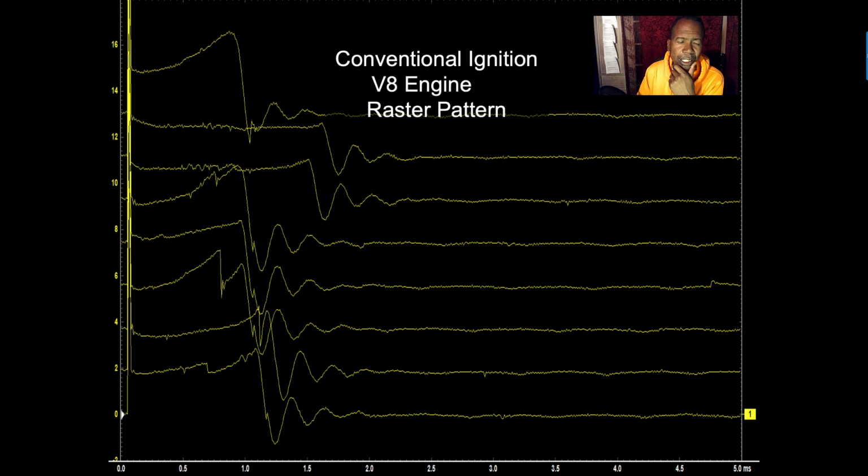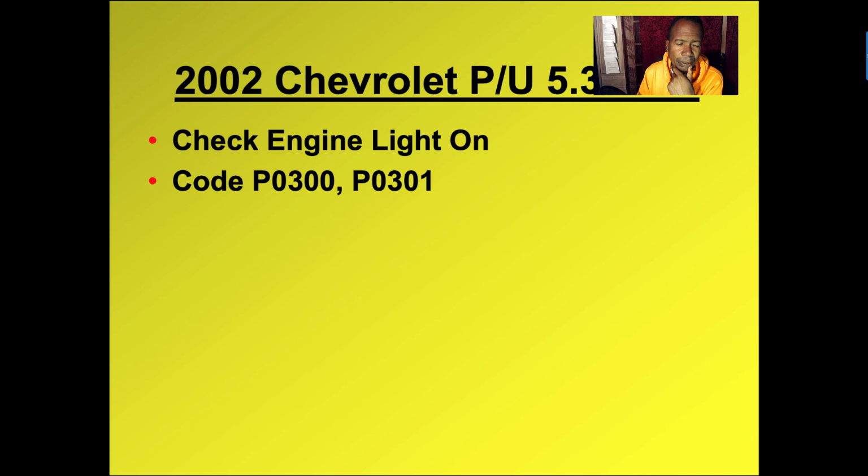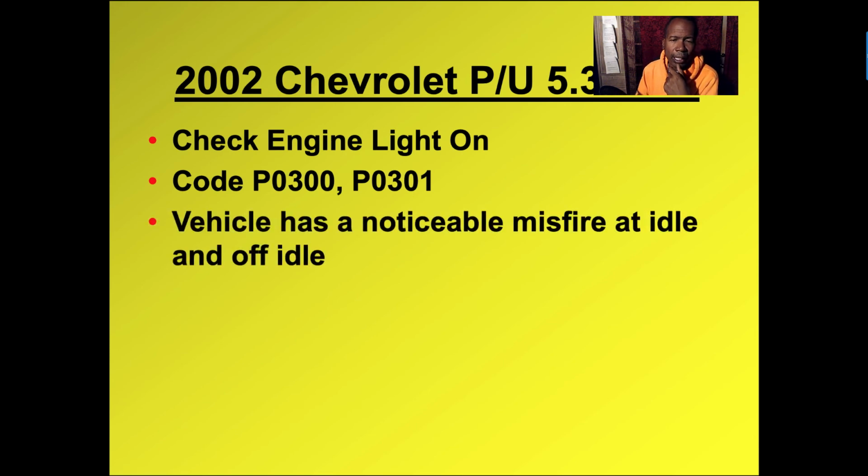Check engine light on. Codes P0300, P0301. Vehicle has a noticeable misfire at idle and off idle. I'm going to give you 10 seconds. Let me see if you see anything wrong with this one.